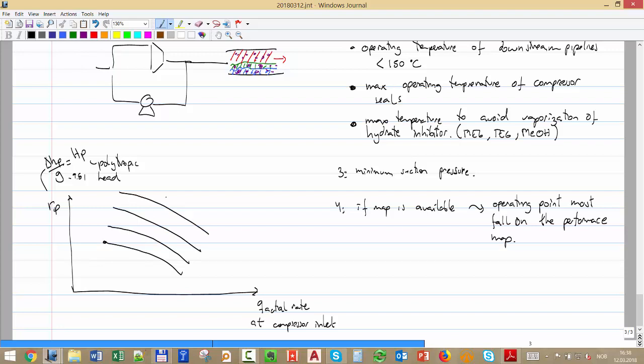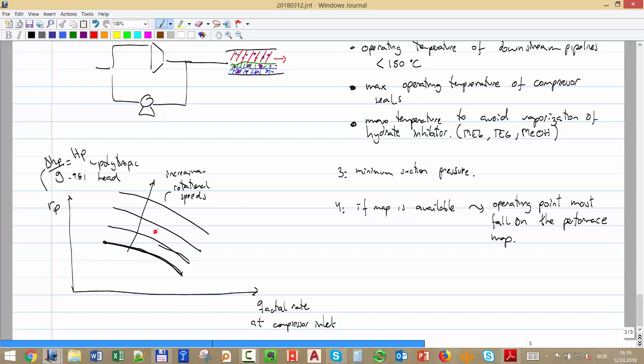And these are 4 different rotational speeds, and here they go increasing. Okay, if I use one rotational speed, I will be on that line, but if I use another one, then I will be on that line, and so forth. So that's the operational map of the compressor. And if my point is feasible, it will fall on top of that map. Okay, it will fall inside that area.